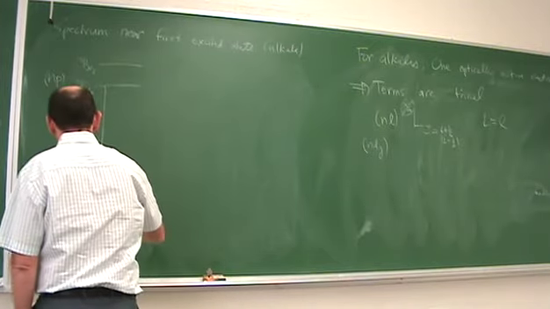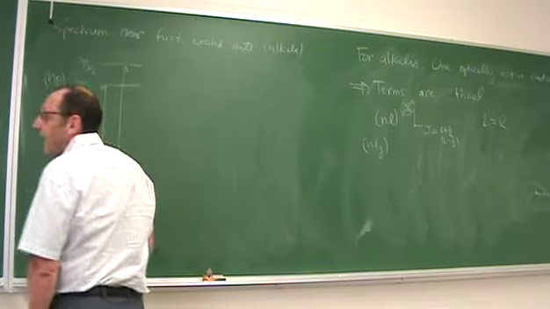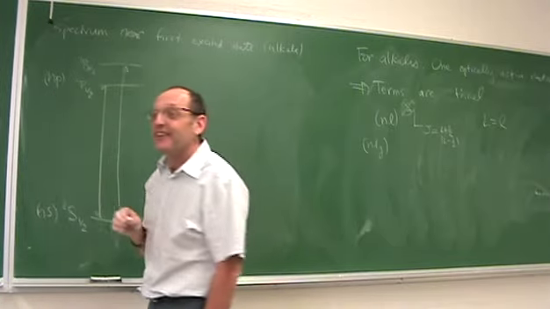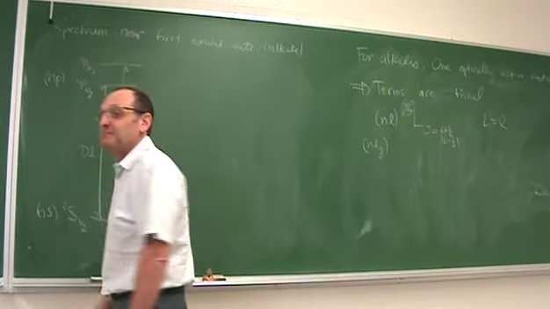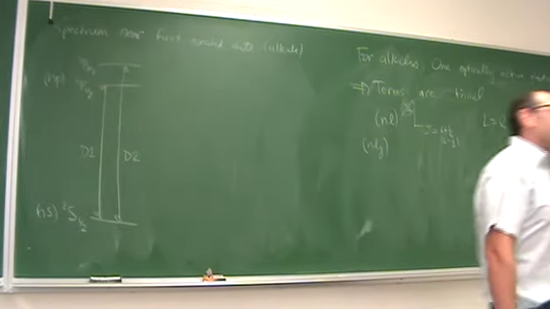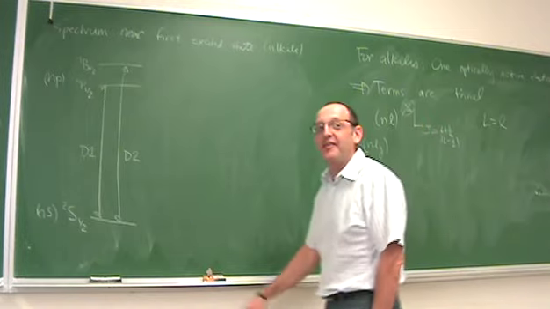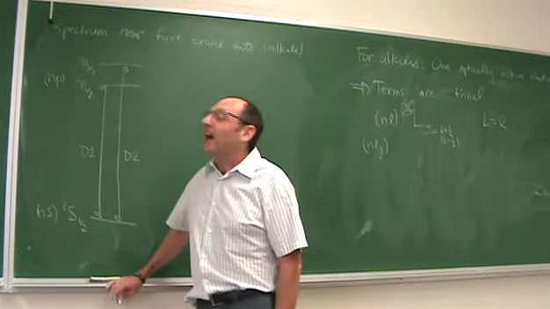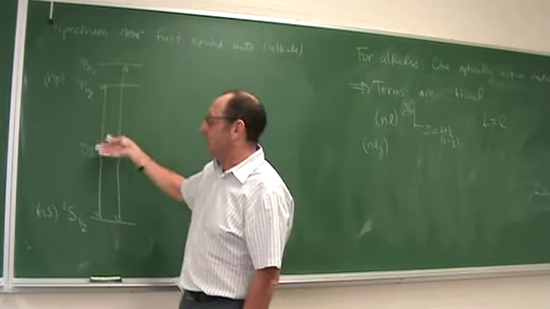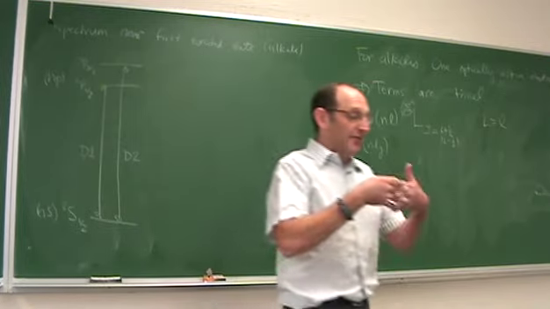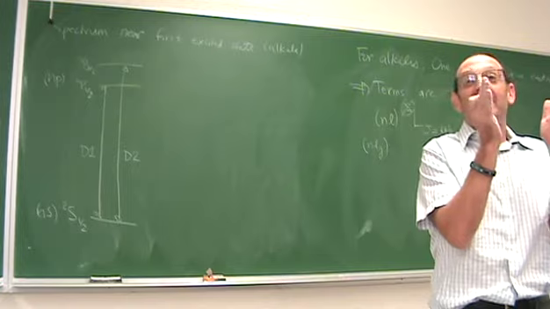So this transition and this transition are split, and they have some arcane names. This transition is known as D1, and this one is called D2. It's a crazy, stupid notation, but it still persists. We always talk about the D1 line and the D2 line, because in old spectroscopy, for example, in sodium, one saw that the line was split into a doublet, D for doublet.